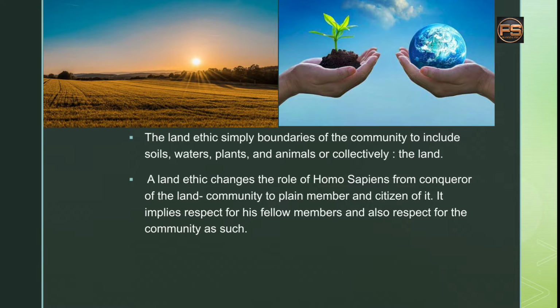That land is a community is the basic concept of ecology, but that land is to be loved and respected is an extension of ethics. A thing is right when it tends to preserve the integrity, stability, and beauty of the biotic community. It is wrong when it tends otherwise.